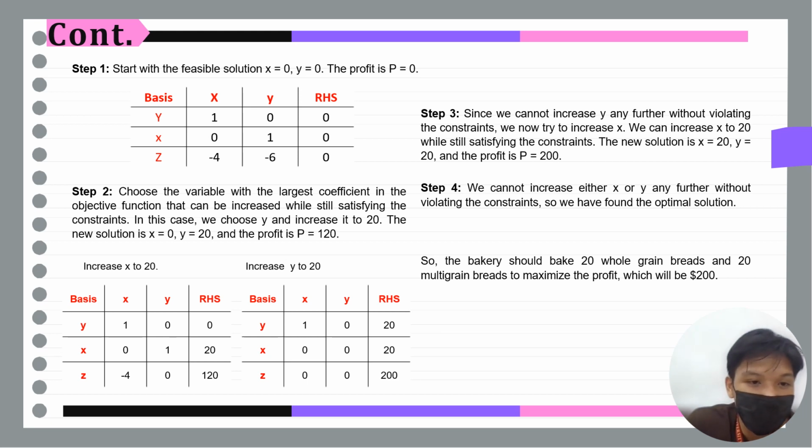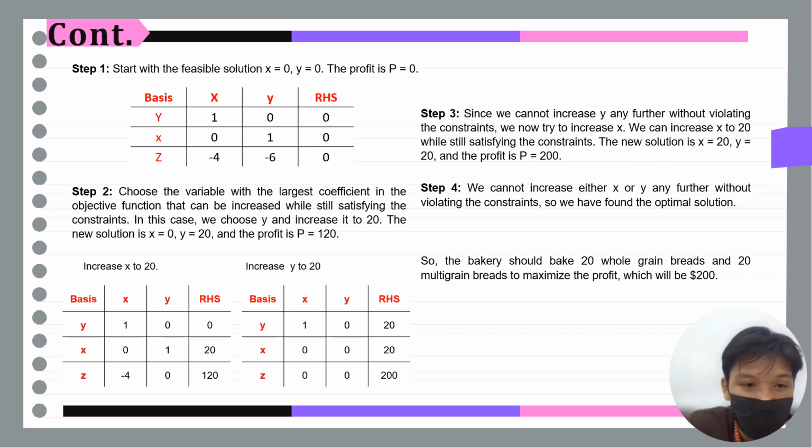So you can see negative 4 will be the profit of x, and negative 6 will be the profit of y, which is the multigrain bread. And x will be the whole grain bread.